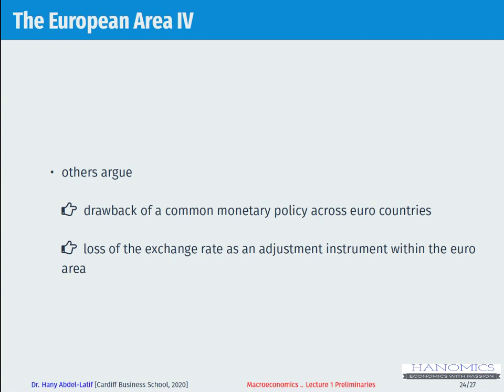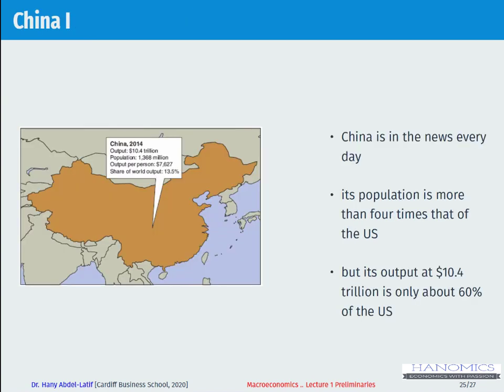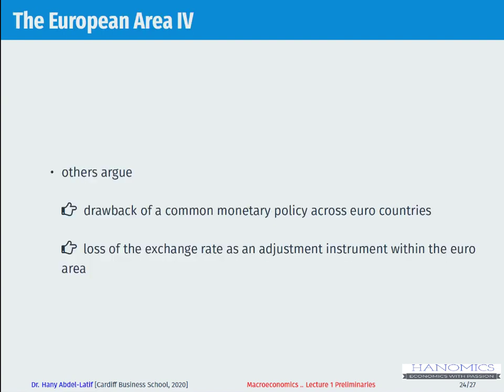So you don't have the chance to adjust to shocks through changes in your exchange rate, because there is no exchange rate. There's a common monetary policy and only a single currency, the euro. So this is the second bloc, the euro area.